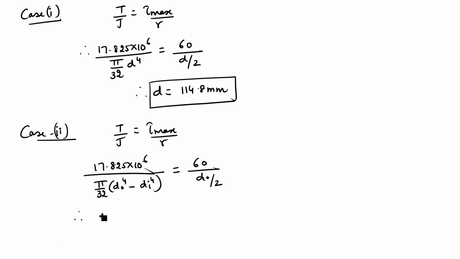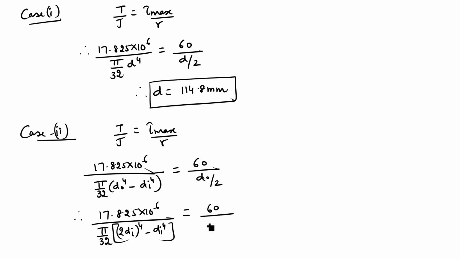So this will be 17.825 into 10 raised to 6 upon pi by 32. This is 2 times D inner raised to 4 minus D inner raised to 4 is equal to 60 by 2 times DI by 2.